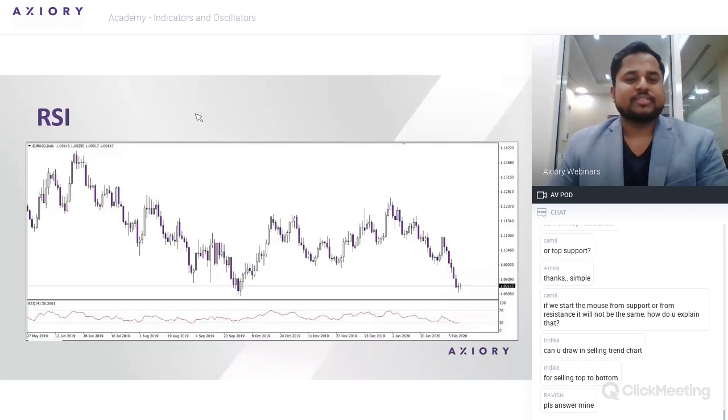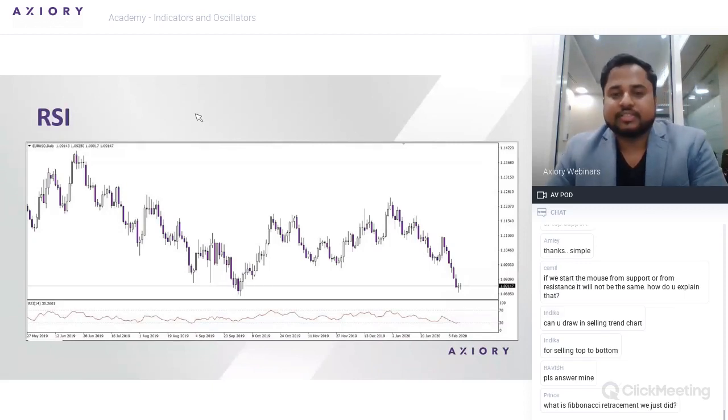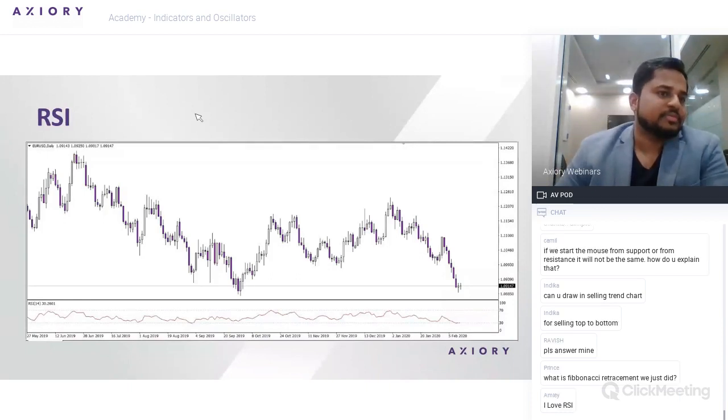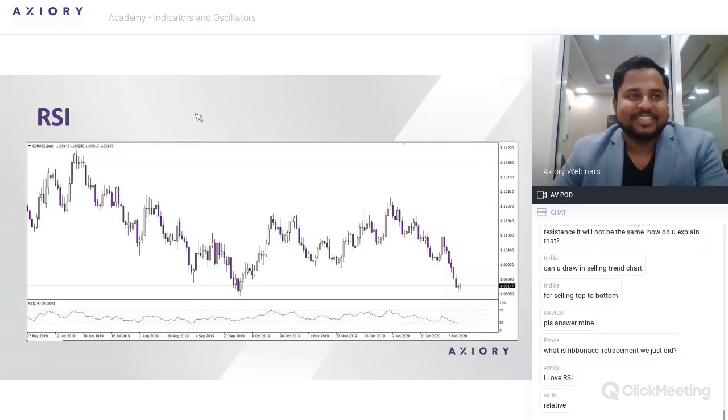Have you heard about RSI? Relative Strength Index. It is a very common indicator most of the people use.